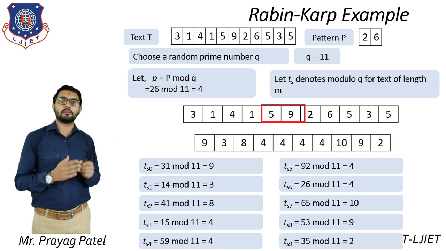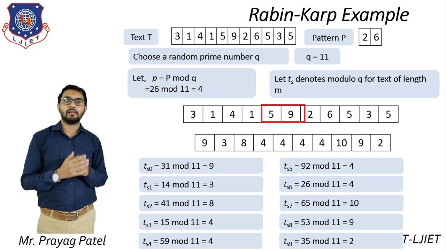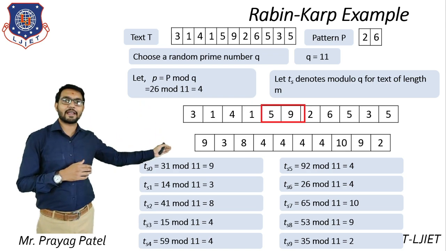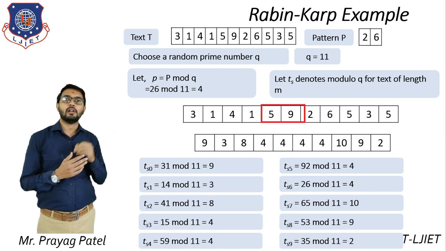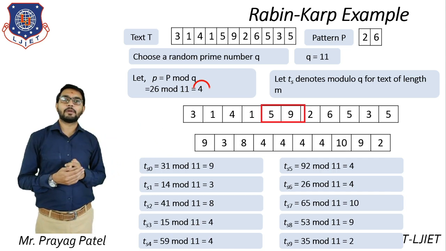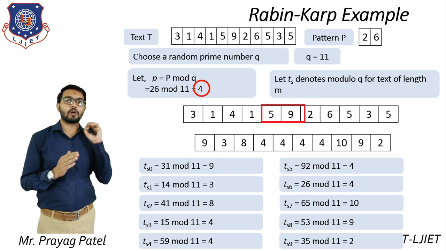So here we consider modulo for each and every 2-character pair. And these modulo values form a second table: 9, 3, 8, 4, 4, 4, 4, 10, 9, 2. After that, consider your pattern modulo answer equal to 4.